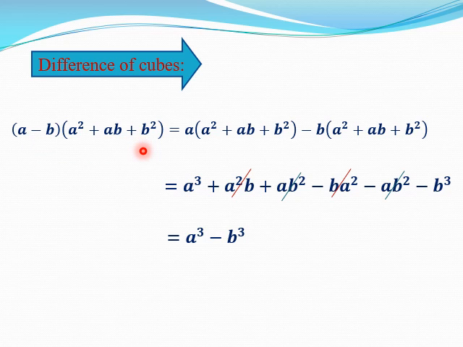As we have learnt in our previous classes, factorization is the anti-process of product. If we multiply these two factors, then the product is a cube minus b cube. And if we factorize a cube minus b cube, then the factors are a minus b times a square plus ab plus b square.